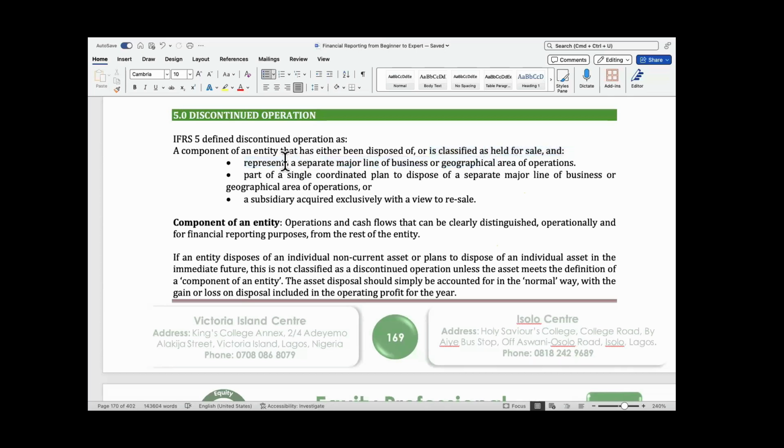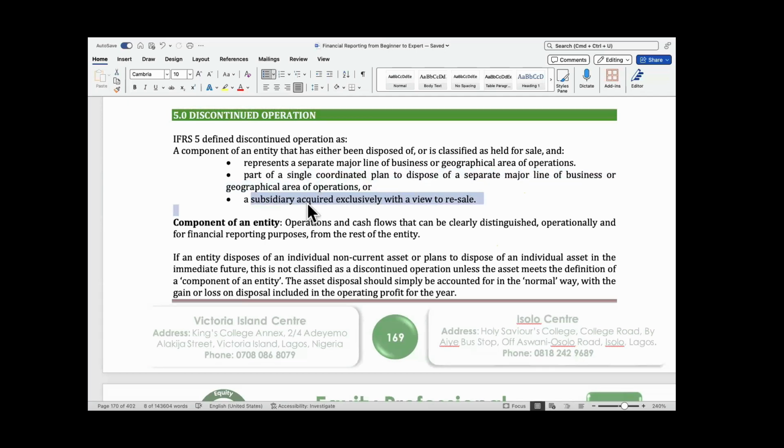And it represents a separate major line of your business, either your branch, your segment, or another area of operations, or even a plan to sell a major line or geographical area of operations, or it could be a subsidiary that you want to sell.